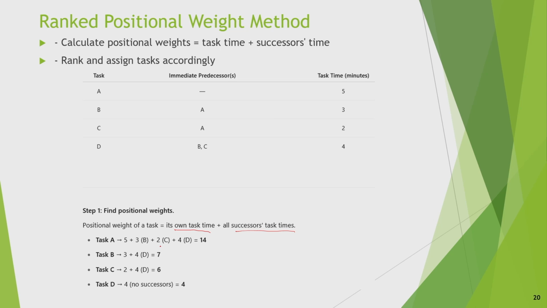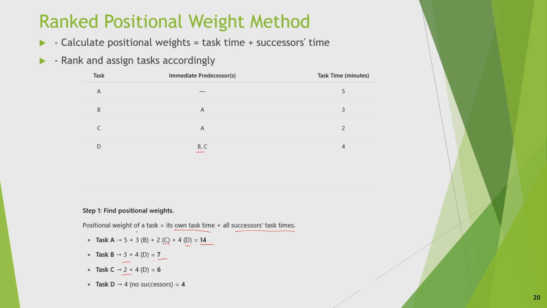So 5 plus 3 for B plus 2 for C plus 4 for D. Task A has 14 because ahead of it there are B, C, D. Task B has only D ahead, because C can be done in parallel. So this is 7.